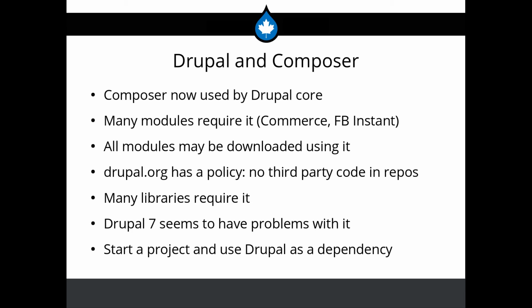It was horrible. But a composer.json file in a module repository is fantastic. Now, what else? Many libraries require it. So if we want to get off the island, we've got to use Composer.